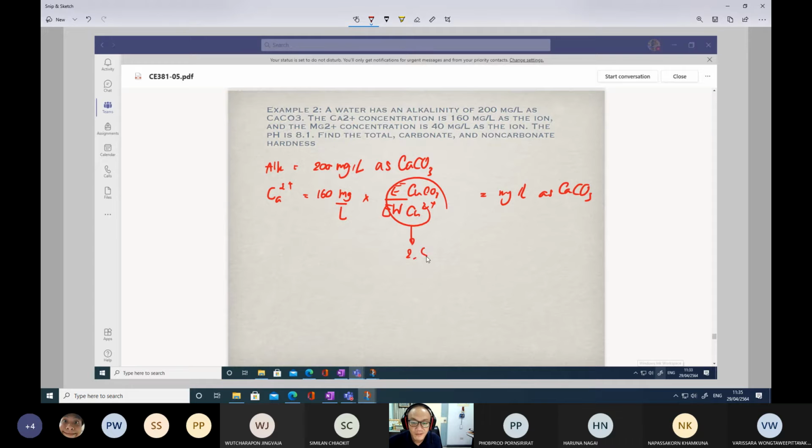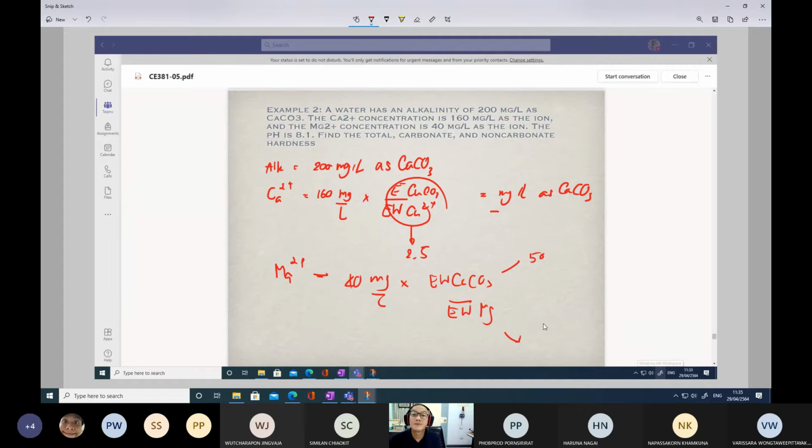So this is 2.5, so that you can find out the calcium hardness. And then the concentration of magnesium is 40 milligrams per liter. You have to multiply by the equivalent weight of the calcium carbonate divided by the equivalent weight of the magnesium. This one is actually 50.